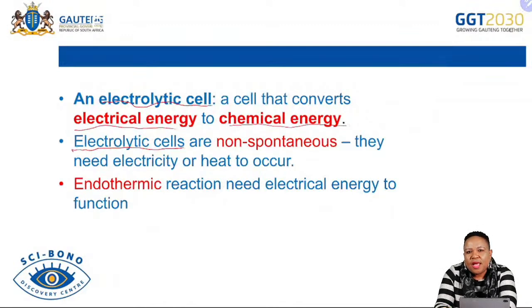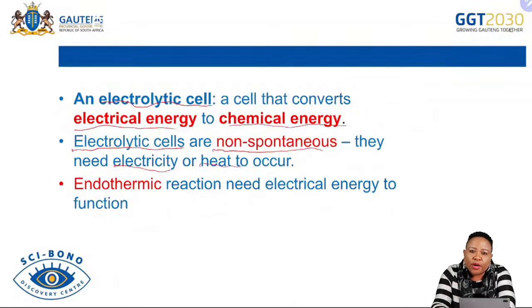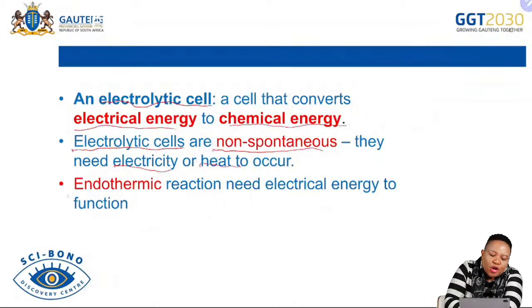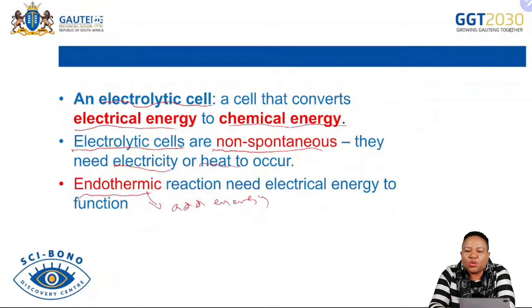And the next thing that you need to understand about electrolytic cells is that they are non-spontaneous. We saw in our previous lesson that our galvanic cells were spontaneous. They occurred on their own without any energy added for them to react. However, these ones are non-spontaneous, meaning that they need electrical energy or heat to occur. And they are also endothermic reactions, because we are going to add energy for these reactions to occur.